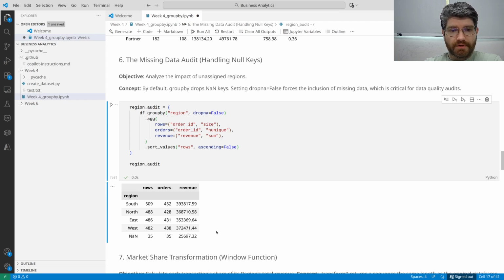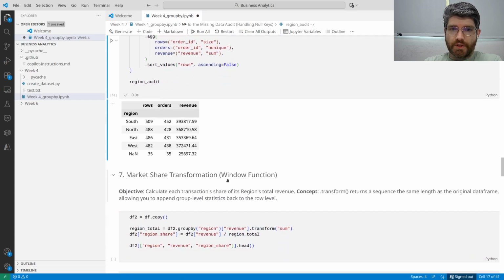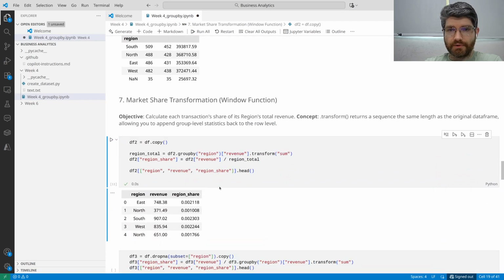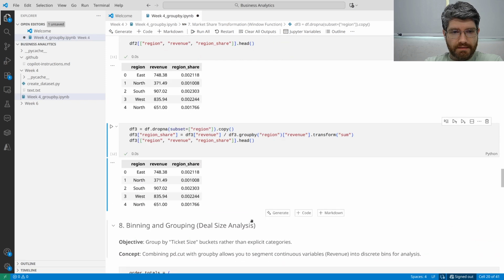Further, we are going to use the window function transform to calculate the regional total and broadcast it back to every row. This lets us see each transaction as a share of the region. So we can see how large each transaction is relative to the regional sales.